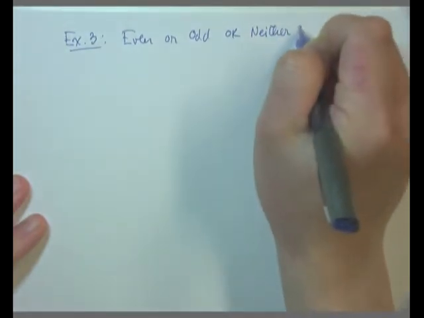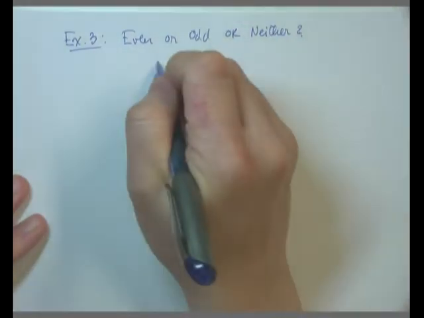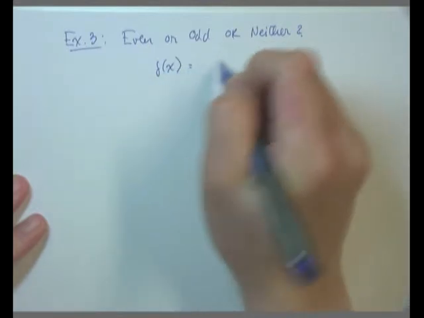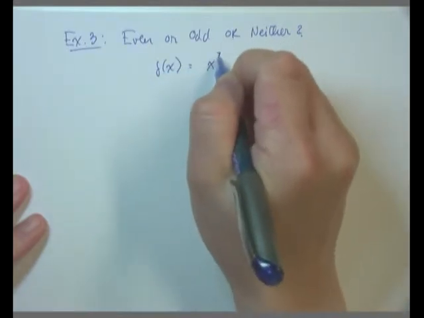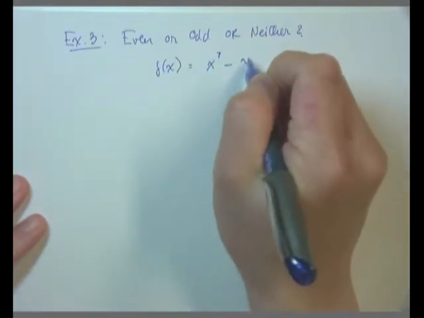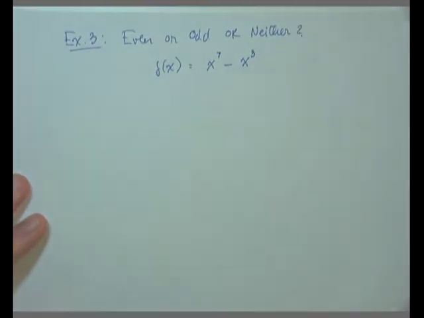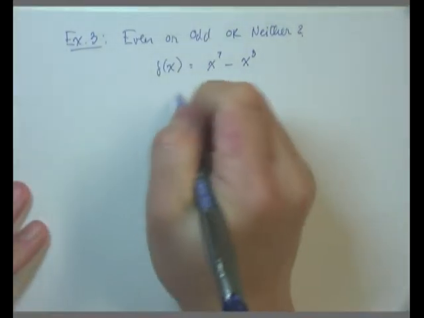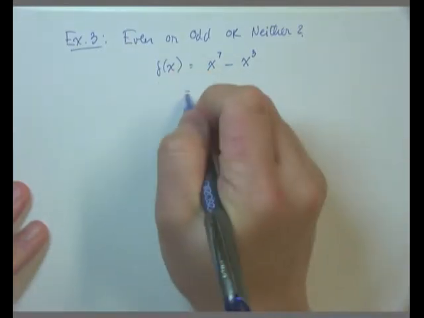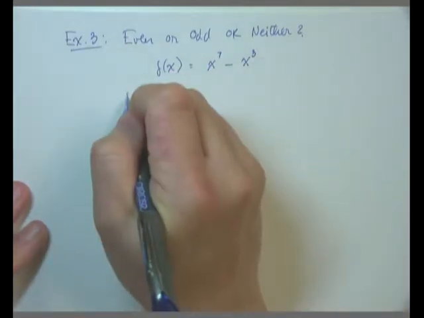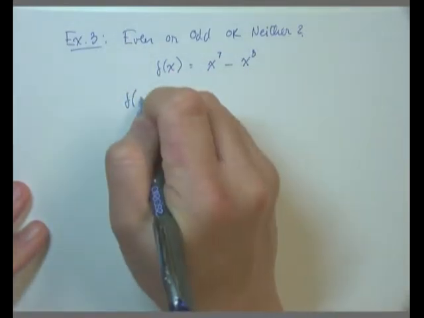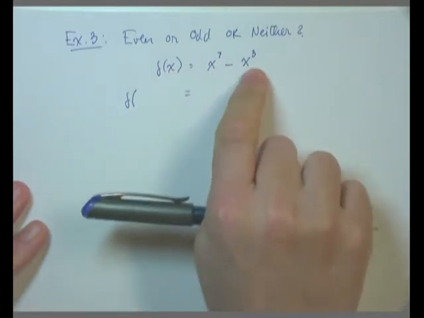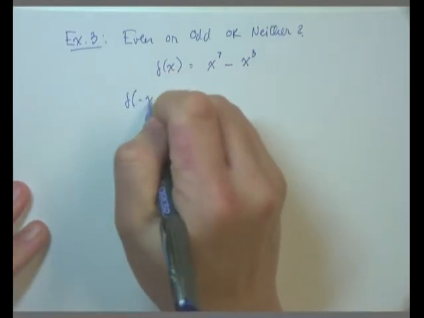My function this time is f of x equals x to the 7 minus x cubed. Once again, the way to start out with this problem, you always need to replace the input argument of the function by a minus x.